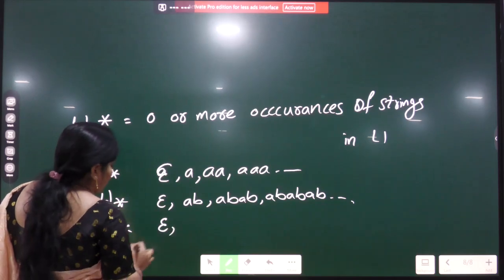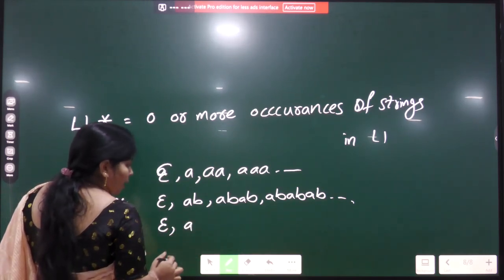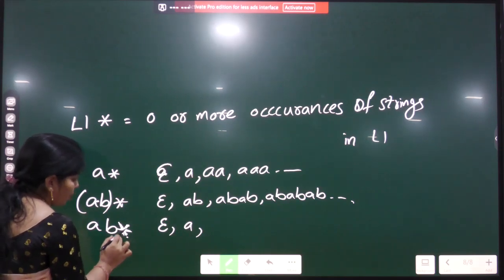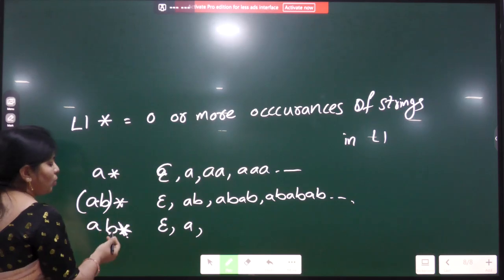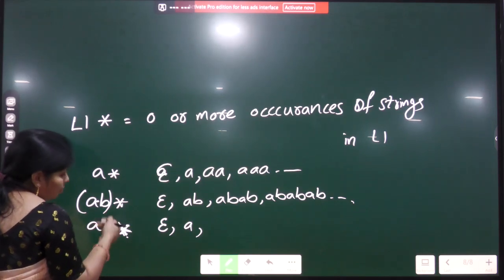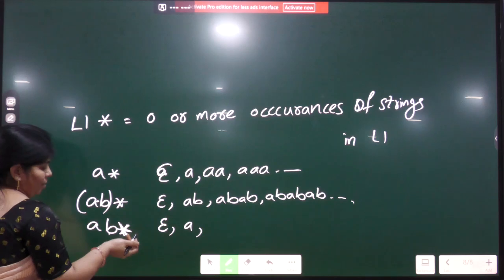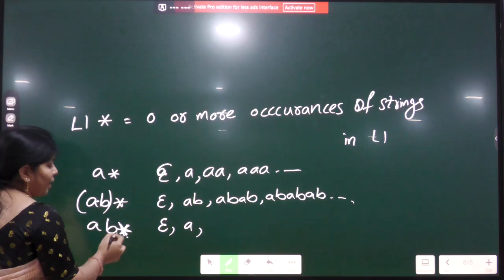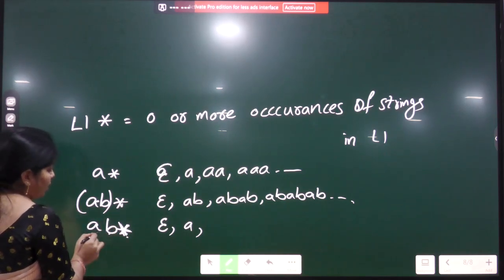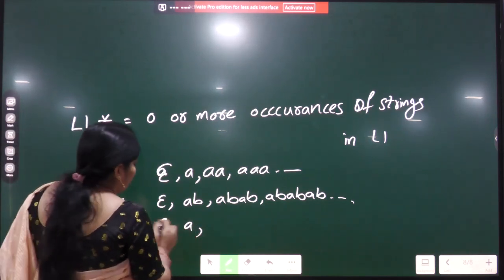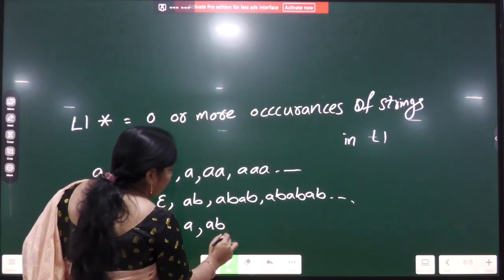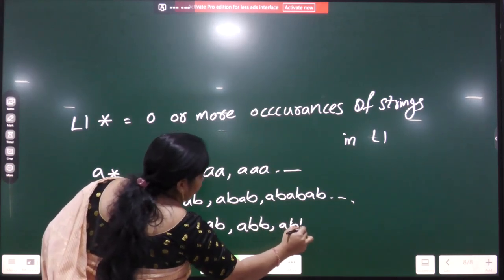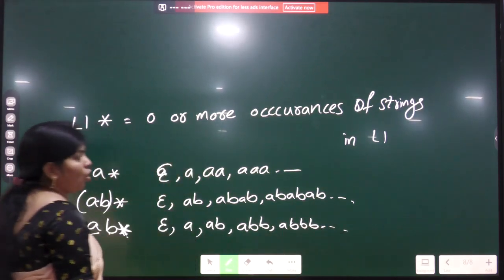Then it is epsilon, A. Here the star operator, this Kleene closure operator, applies only to B, so that B can be repeated for 0 or more times. First I take B with 0 occurrences, so the string will be A. Then one occurrence, AB, ABB, and so on.